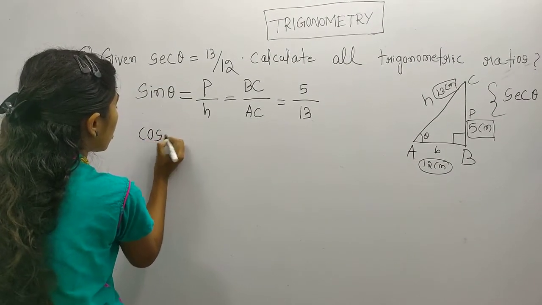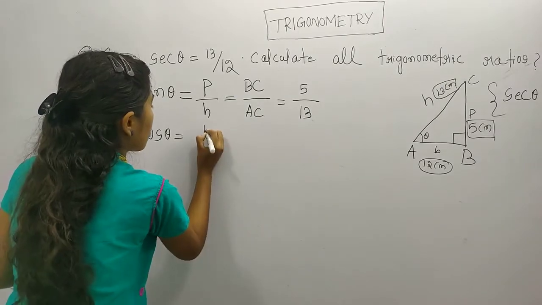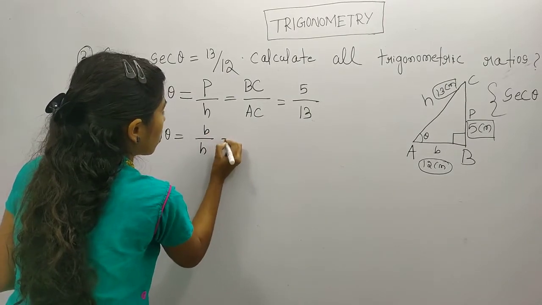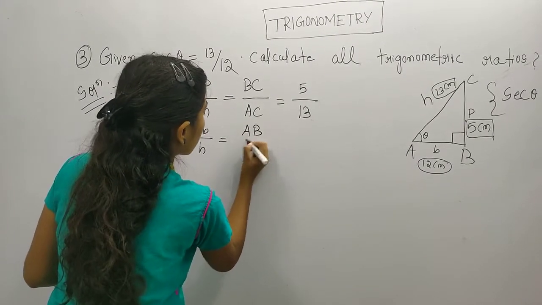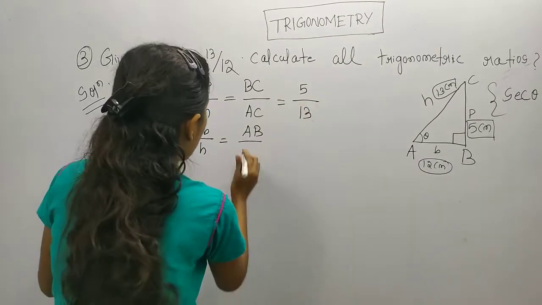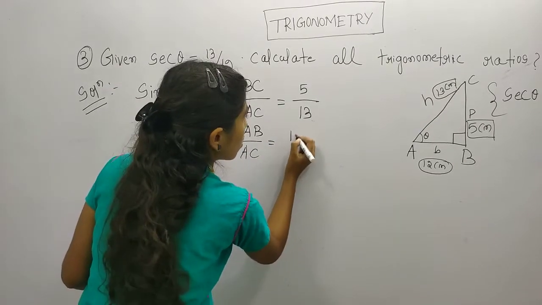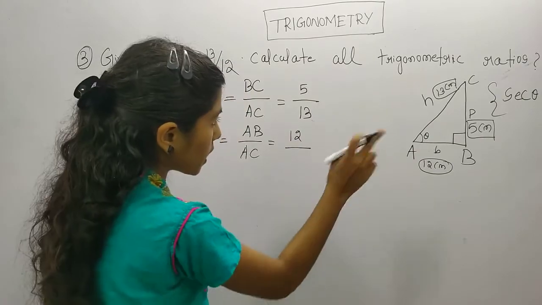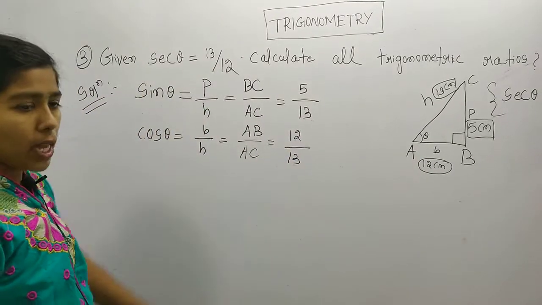Next is our cos theta. How much is cos theta? B by H. Base is AB, by hypotenuse AC. AB is 12 and AC is 13. So cos theta is 12 by 13.